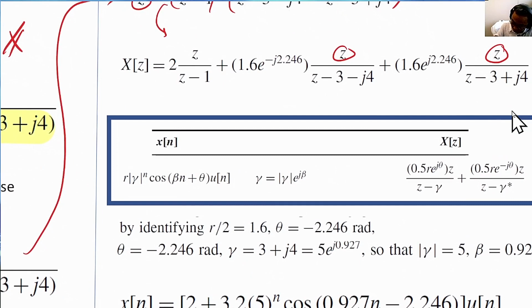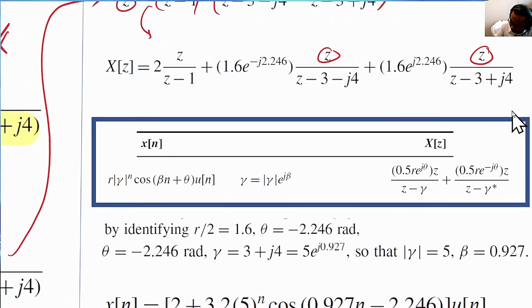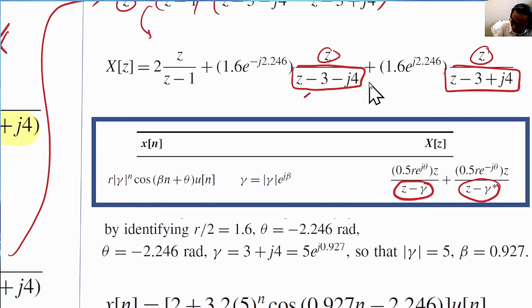So in the z transform lookup table, you first identify that you have a complex conjugate pair of poles, which we have. By complex conjugate, the real part is 3 and the imaginary part is minus j4, sorry, and plus j4.